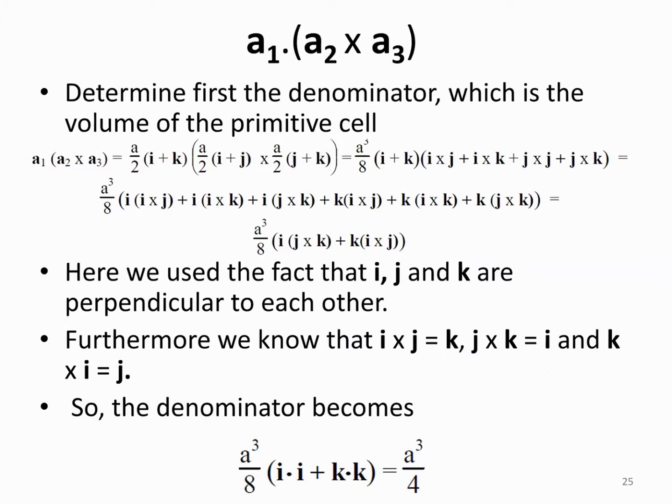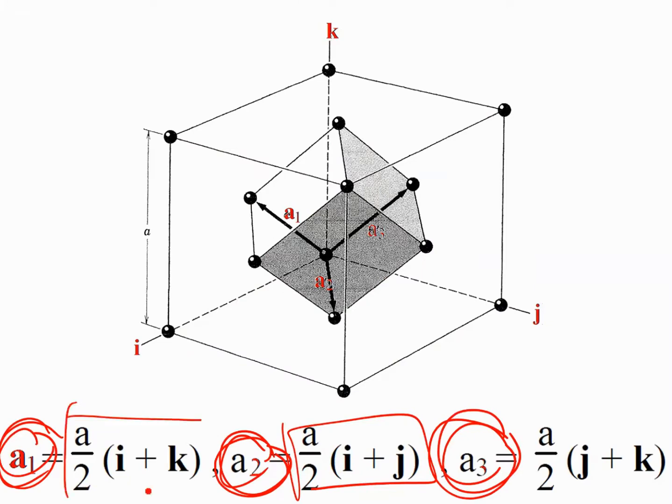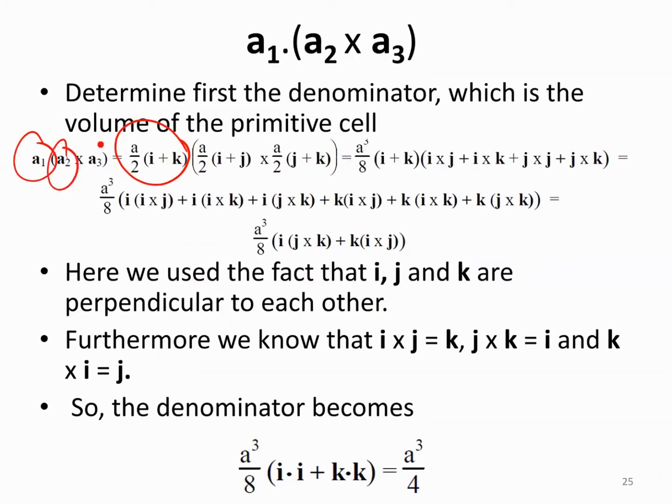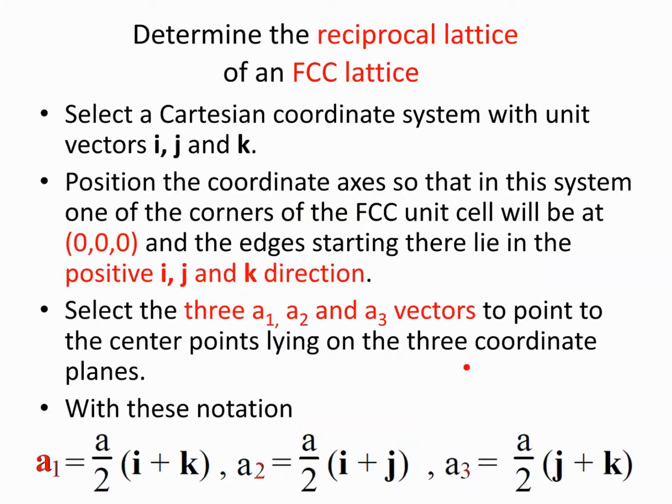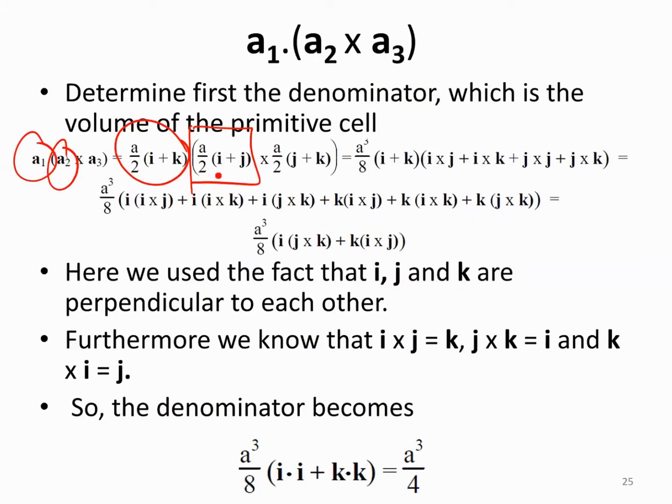So a1 equals a/2 (i + k). I substitute here. a2 equals a/2 (i + j). I substitute there also. Then a3 equals a/2 (j + k). I substitute there. Okay, then next, I solve these three terms. So I get a/2 times a/2 times a/2, you get a to the power of 3 over 8. Then I dot (i + k). Then this one is cross, right?